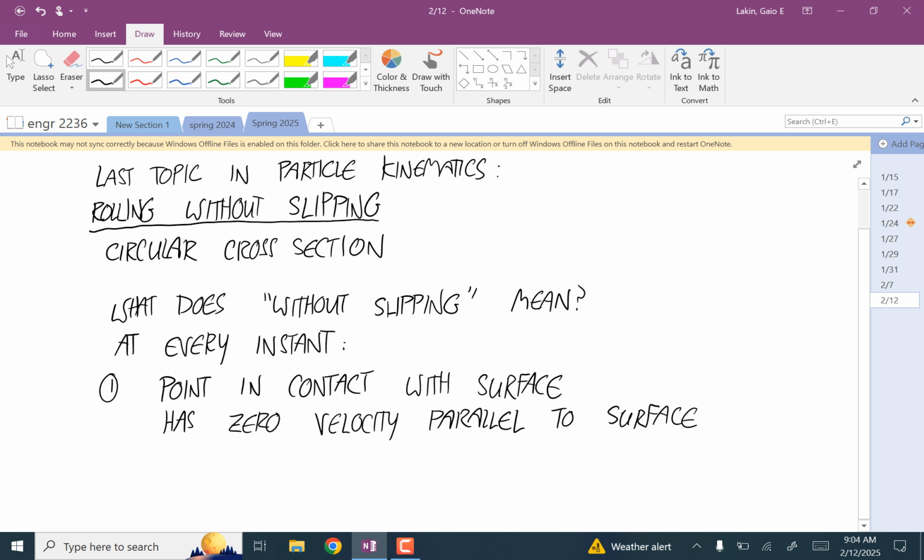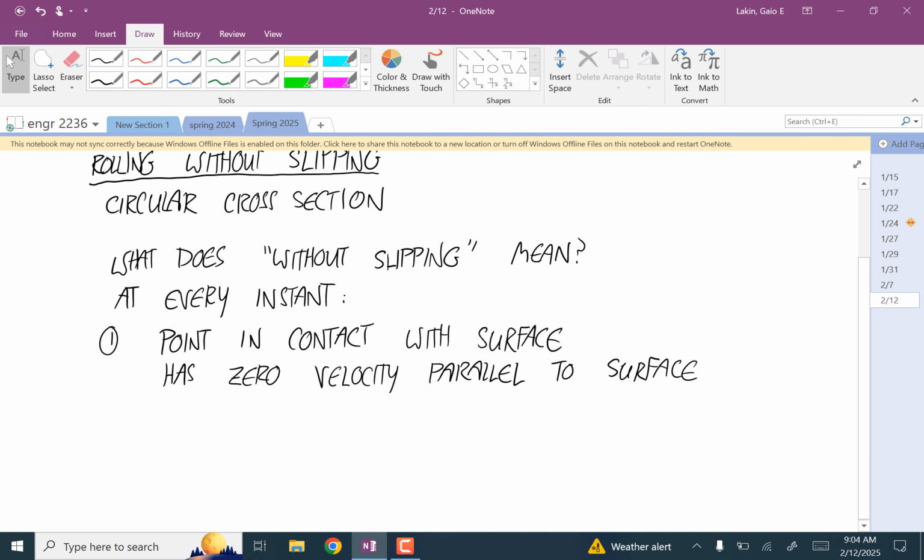That's a nice, simple way to write it. I do want you to notice that if in your coordinate system the surface has a velocity, then it's really just that those parallel velocities have to match each other. But then there's one other one that maybe you wouldn't think of instantly, but it makes perfect sense.